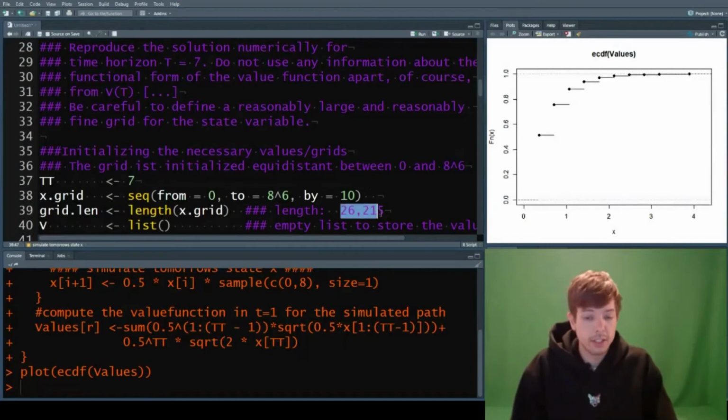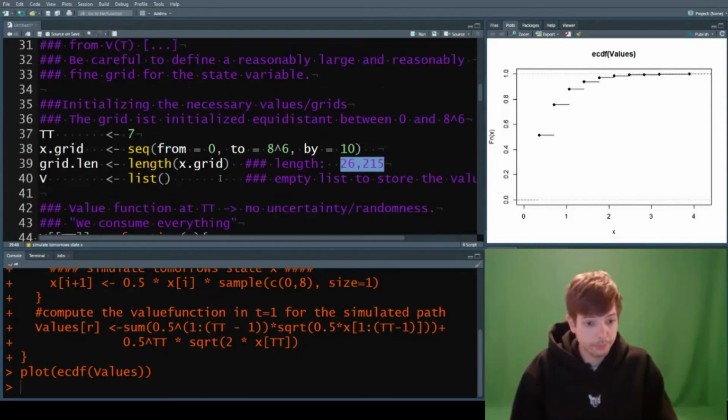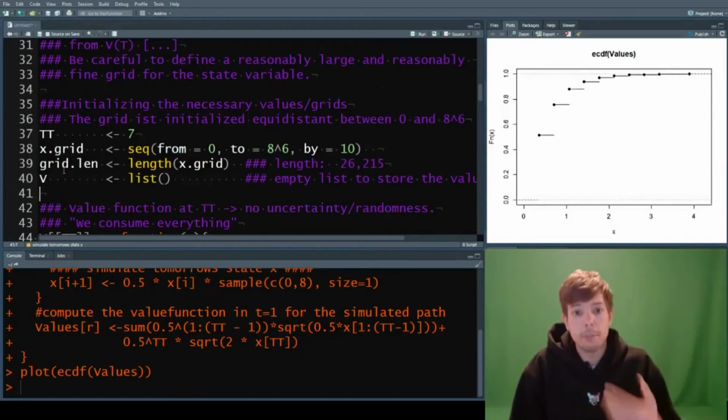That gives us a grid size of roughly 20,000 grid points, so a rather large number to compute the value function on. So we need lots of iterations to compute the value function for each of these potential grid states. You'll see later on.